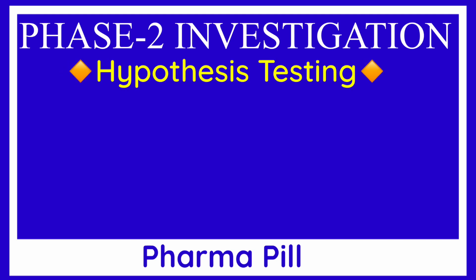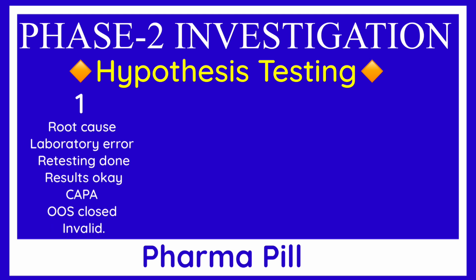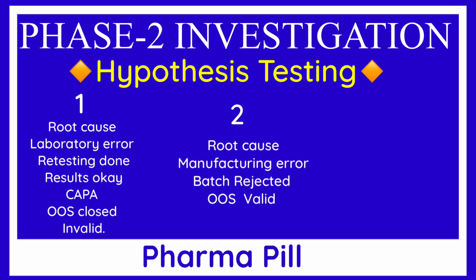After executing the hypothesis testing, we will have 3 outcomes. Number 1. Suppose root cause identified as a laboratory error. In that case, retesting was done and all the test results found satisfactory. Further CAPA was proposed and OOS stands closed as invalid. Second outcome. Root cause identified as a manufacturing error, and in that scenario batch will be rejected.